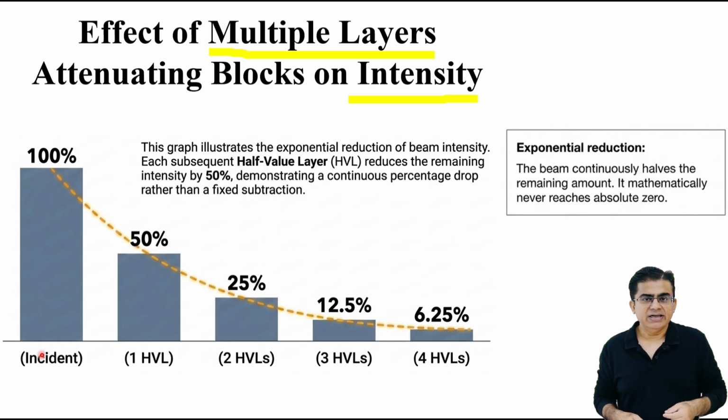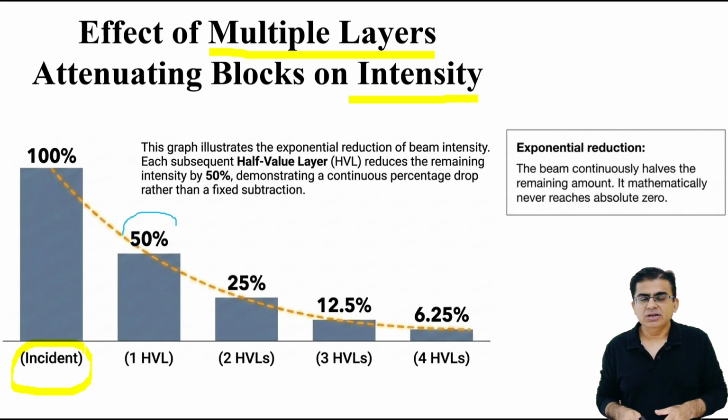Imagine we start our treatment with exactly 100% of our incident photons here. This is the primary incident beam entering the first shielding block. After successfully passing through the very first half value layer, the intensity safely drops to exactly 50%.